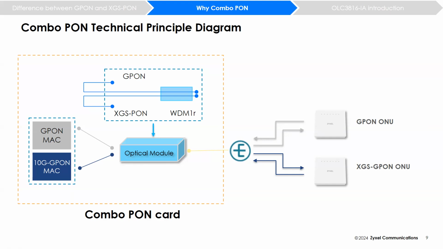The item I marked by the yellow square on the right side of this slide represents a combo PON card. Each single PON port is an integrated port for the GPON and SGS PON technology, which allows users to connect the GPON ONT and the SGS PON ONT on a single combo PON port through a splitter.